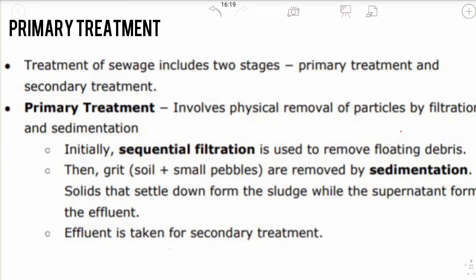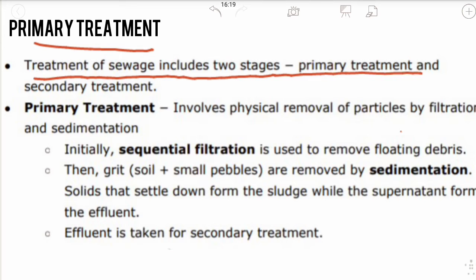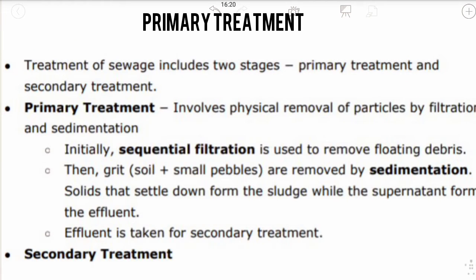This treatment is mainly of two stages, that is primary treatment and secondary treatment. Now we will deal with the primary treatment. We will understand about primary treatment, and after this we will understand how the secondary treatment takes place.